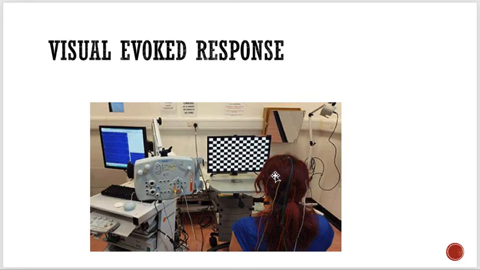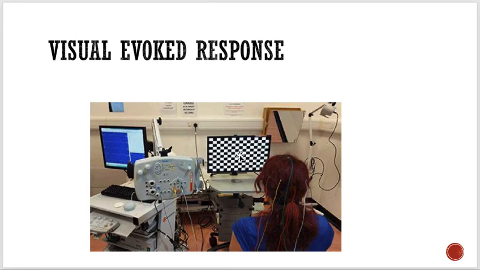So what they do is stimulate the eye in order to evoke a response within the occipital cortex. The occipital lobe is at the back, where the visual area is. They put a number of electrodes on the scalp in the occipital area and ask the patient to look at this.